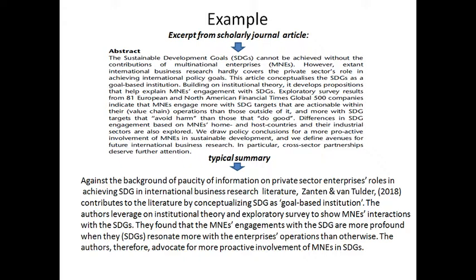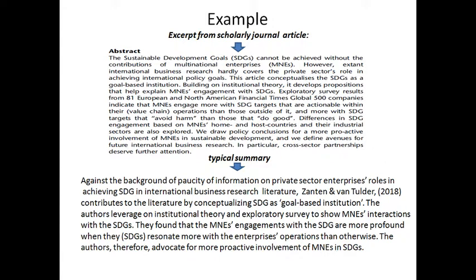Let's look at the typical summary of that excerpt. That's a paragraph. Against the background of scarcity of information on private sector enterprises' role in achieving SDG in international business research literature, Van Zanten and Van Tulder (2018) contribute to the literature by conceptualizing SDG as a goal-based institution.